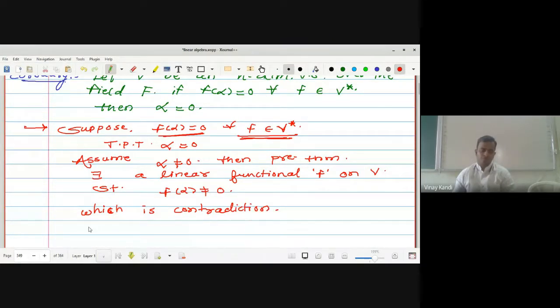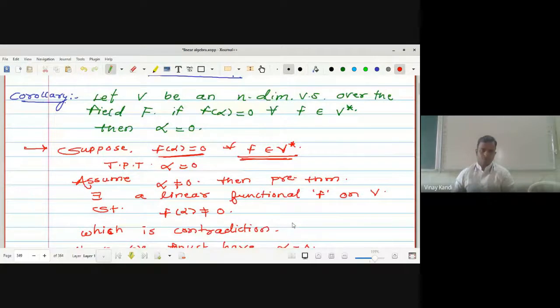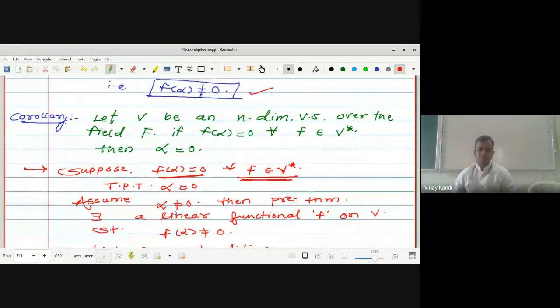Hence we must have alpha equal to 0. If alpha is not equal to 0, then by the previous theorem, f of alpha is not equal to 0. But what is given to us? f of alpha is equal to 0 for all f belongs to V star.